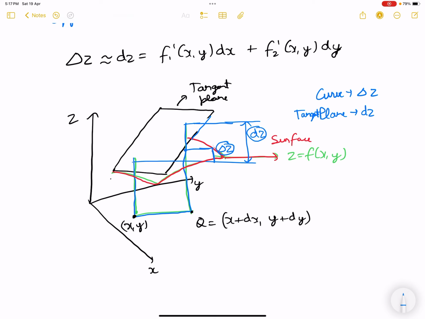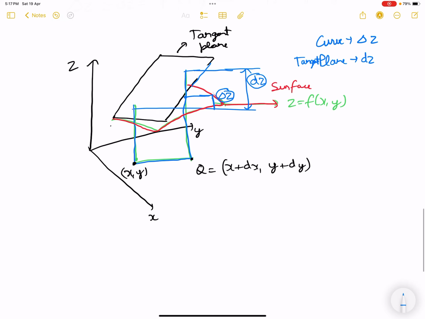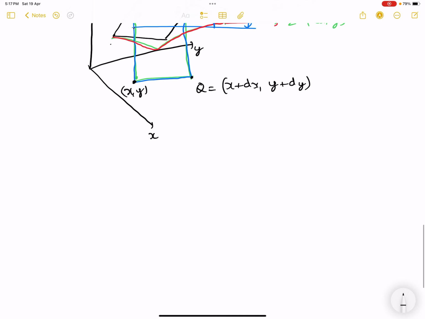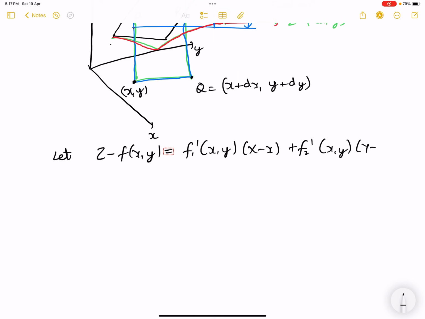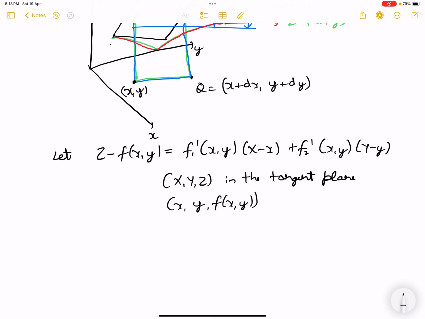Now, okay, this is Q, S, and this was R. This point somewhere here is P. Okay, now what we have is, let z minus f(x,y) equals f1 dash (x,y) times (X minus x) plus f2 dash (x,y) (Y minus y). राइट, सो ये एक हमारी इक्वेशन हो गई फॉर द सेट ऑफ पॉइंट्स. 3 पॉइंट्स हो गए x y z इन द टेंजेंट प्लेन, क्योंकि ये इक्वेशन तो टेंजेंट की है, at the point x y f of x y. ठीक है, so far this clear.